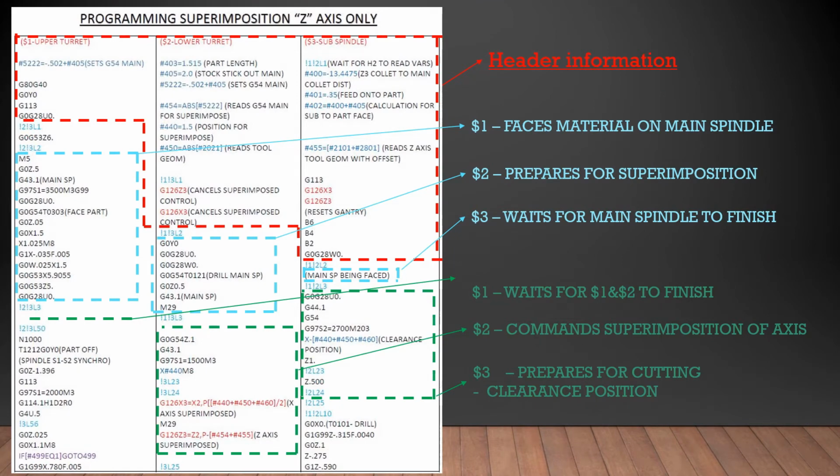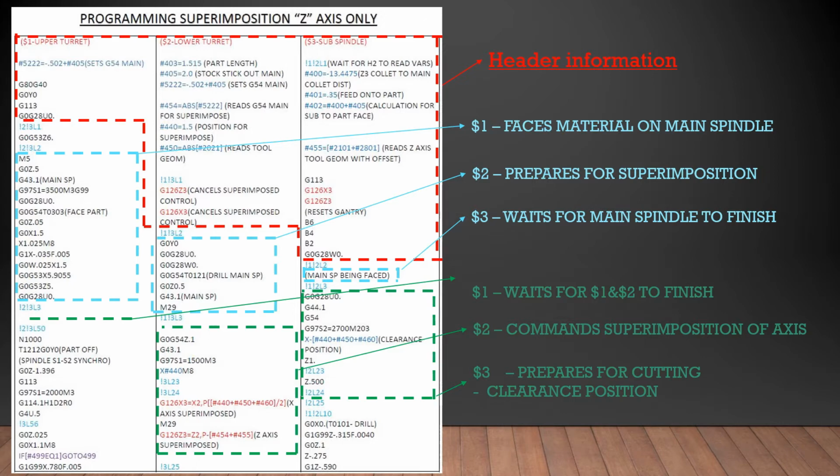Now we have the actual programming using superimposition for our example doing a drill. We've defined this with 3 different sections. We have in red the header information, and that header information is nothing more than just the setup we need before we begin the superimposition.